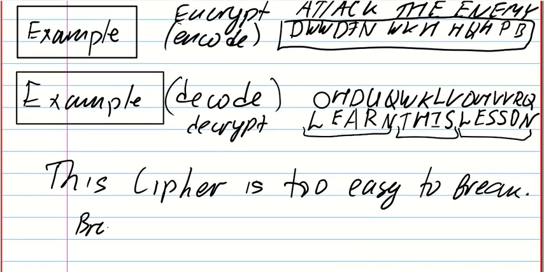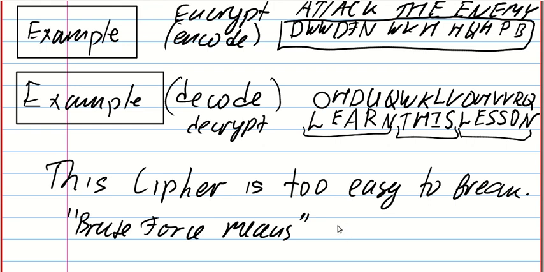Brute force means there is only 25 ways to break it. So suppose we don't move by 3, but we move by different numbers.